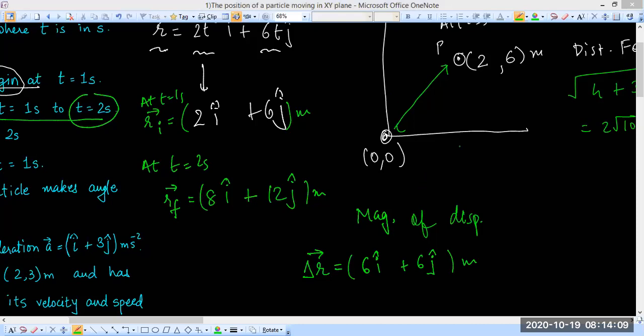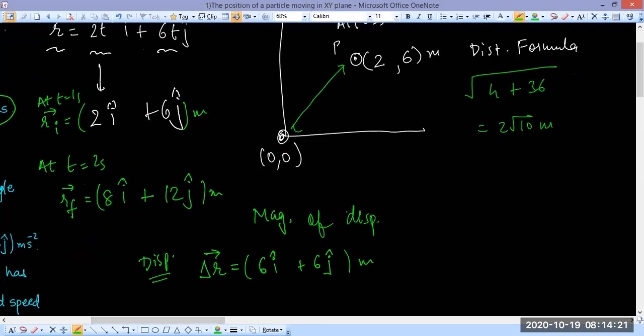This is only the displacement. Now we have to find the magnitude of this displacement. It is nothing but the modulus of delta r vector, which is going to be under root 36 plus 36.